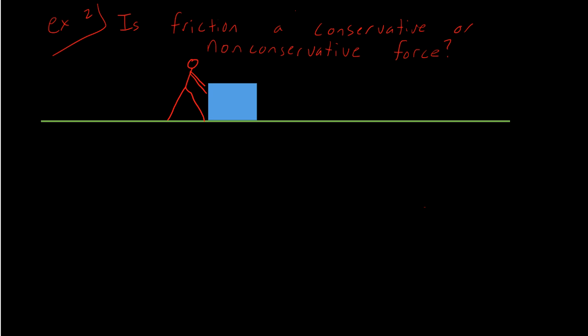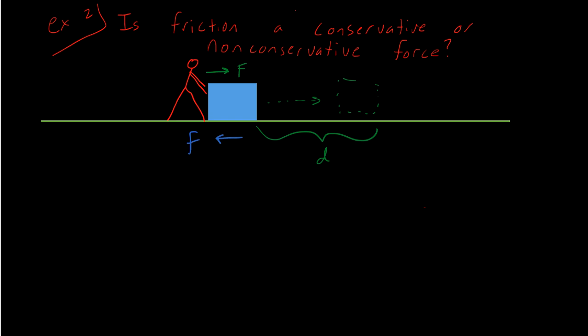So let's say I'm over here, I'm on the left, and I'm pushing on the box. I'm pushing on the box this way. F push. We know that friction, if the box is going to move this way, so here's my displacement, here's my D. I know that if I'm pushing the box to the right, friction is this way.